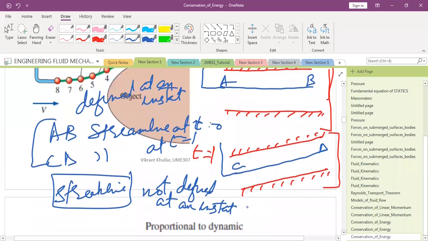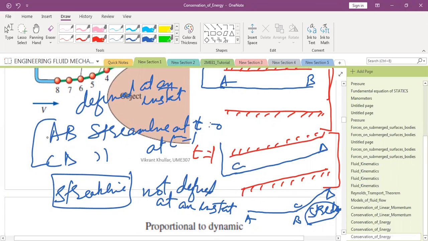So what do you think will be the streak line? I cannot define it at t equal to 1, but the streak line will be somewhat like this. So this is the streak line, and it is continuously evolving. It will change as things change.